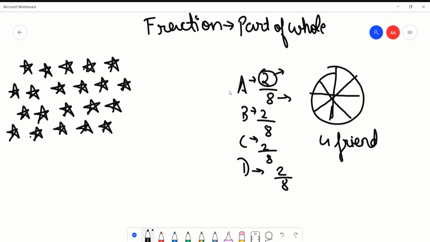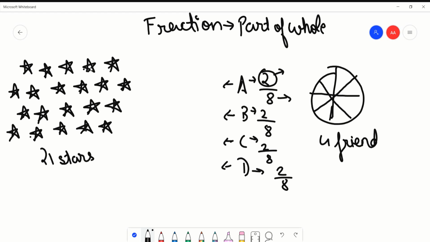Let's take another example. Suppose these are 21 stars, and we have to divide these stars among 4 children or students. So let's say 21 is the whole stars.